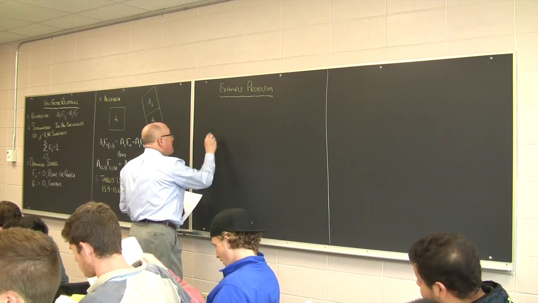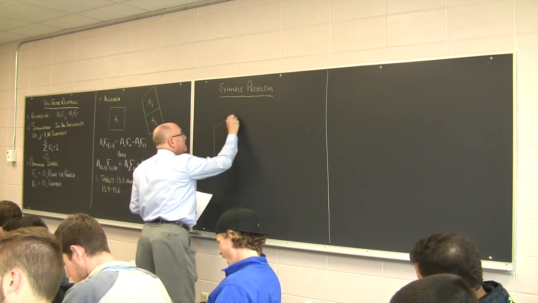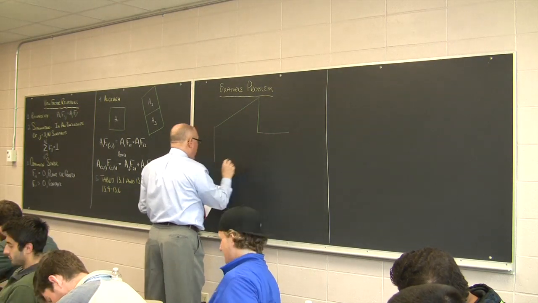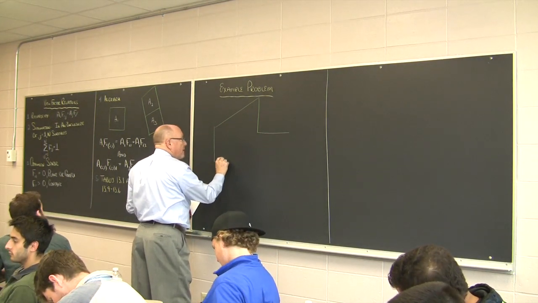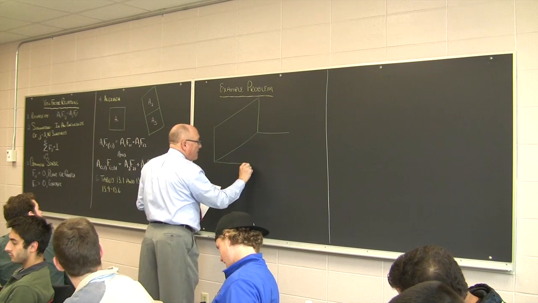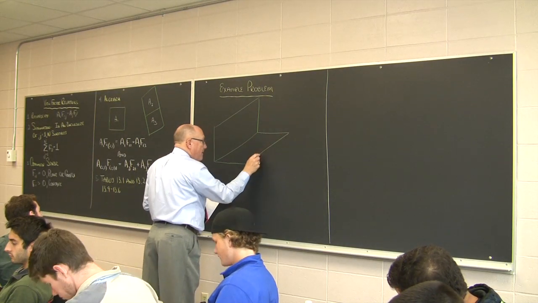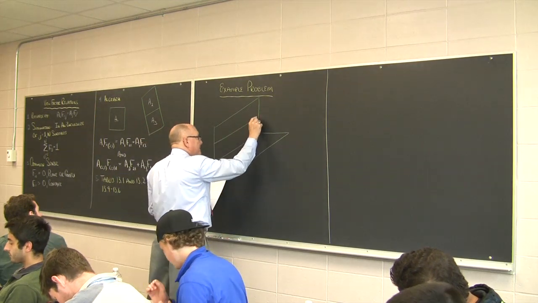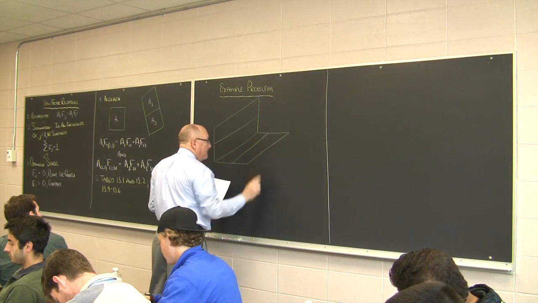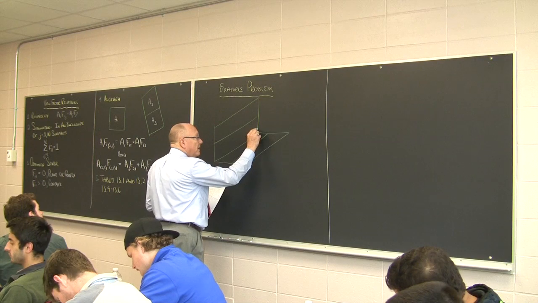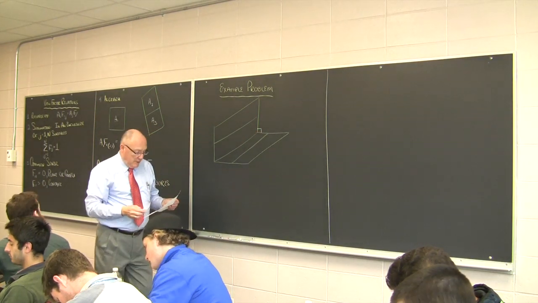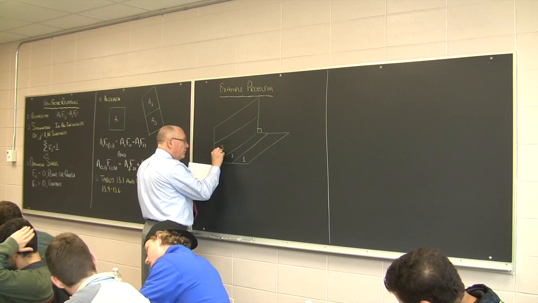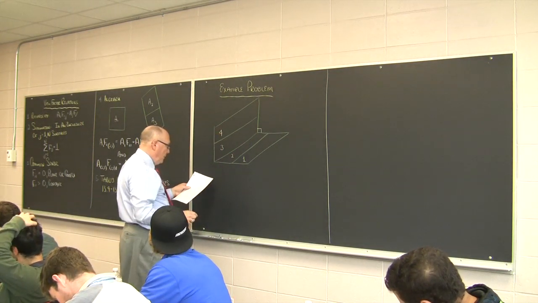Let's take the following diagram. All right, this is a 90-degree angle, and this is surface 1, surface 2, surface 3, and surface 4.